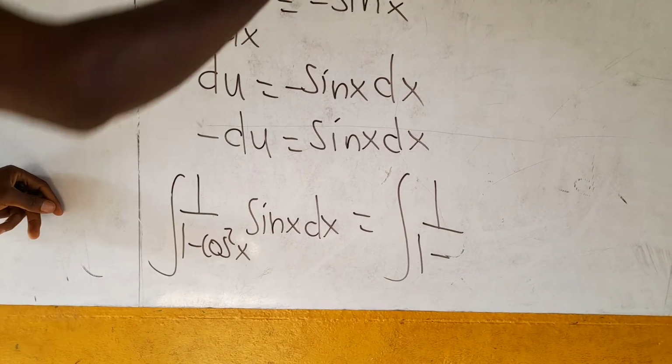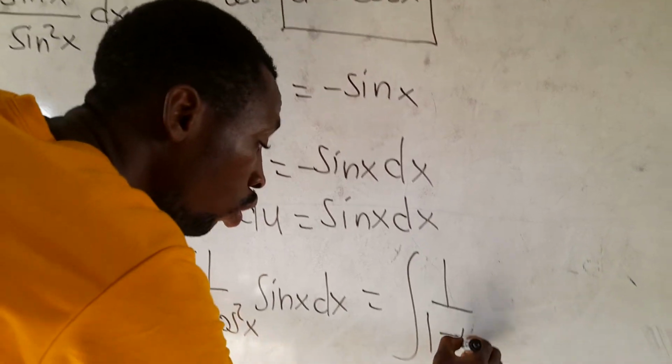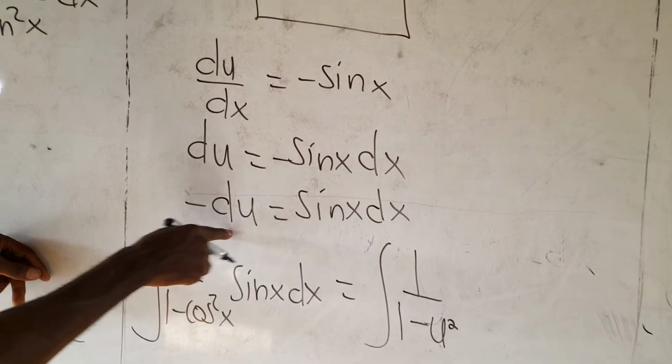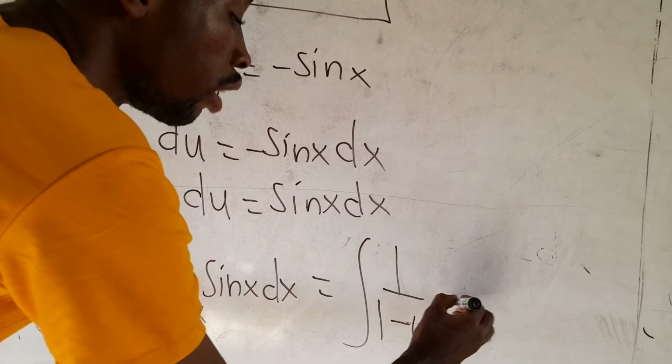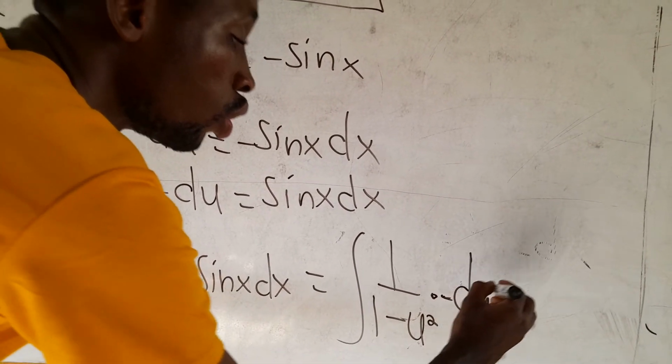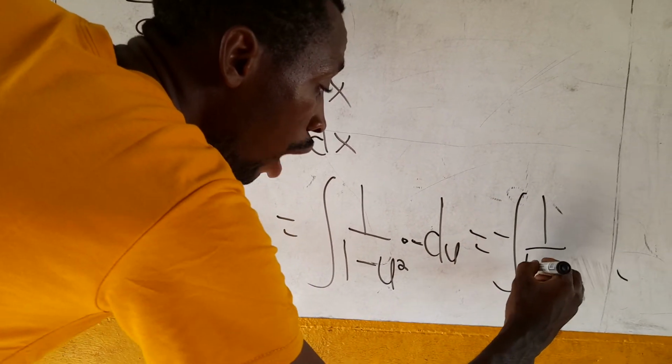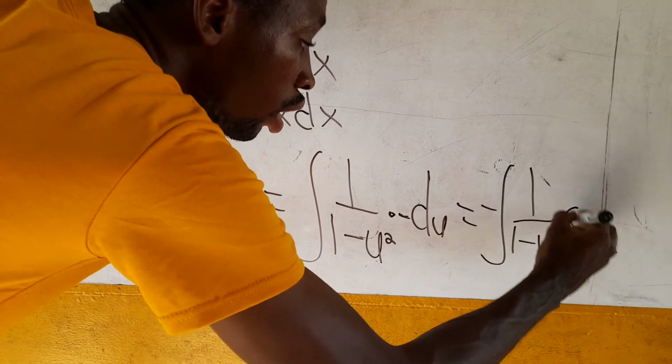Cos s is u. So we have u squared. Then what's our sin s ds? See, sin s ds is negative du. So this can become negative the integral of 1 over 1 minus u squared du.